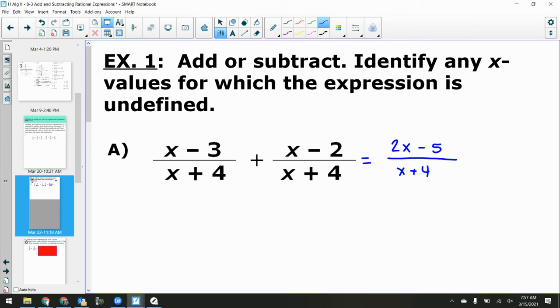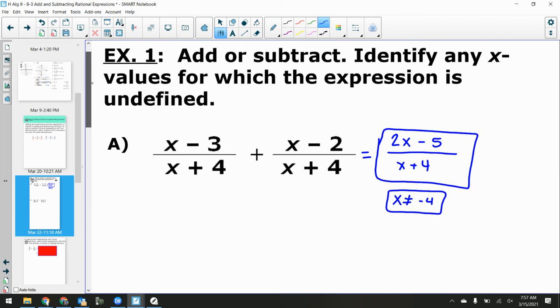It says identify any x values for which the expression is undefined. What's the only x value? -4. You look at the denominator, and x can never make the denominator 0. So x cannot be -4. Quite a simple, easy example.